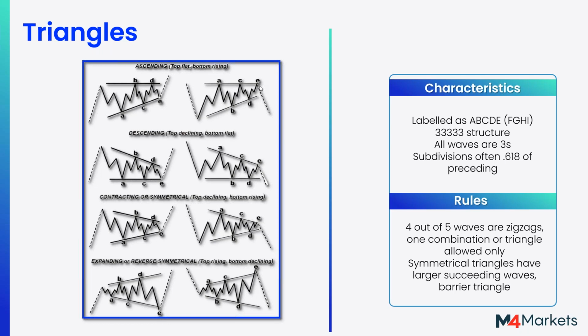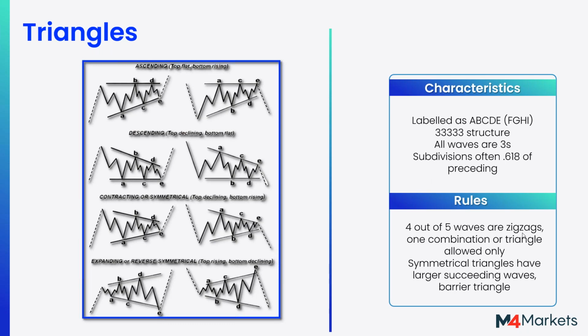Typically, it's wave D or wave E that can be a triangle within a triangle. It's a 3-3-3-3-3 structure, and all the waves are threes. Typically, subdivisions are 61.8% of the preceding wave, but this is in the contracting, the symmetrical variety, of course. Now, rules.